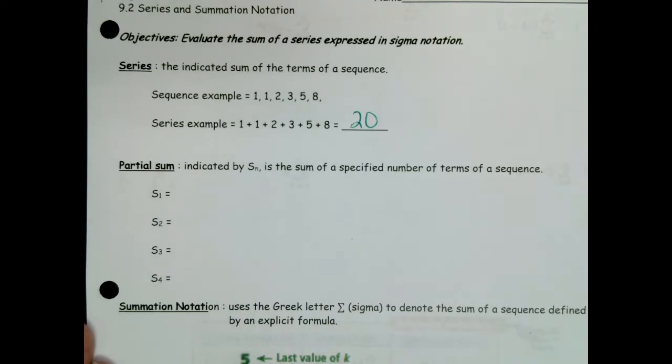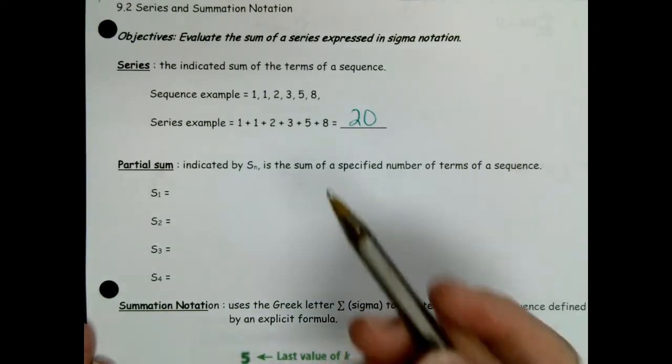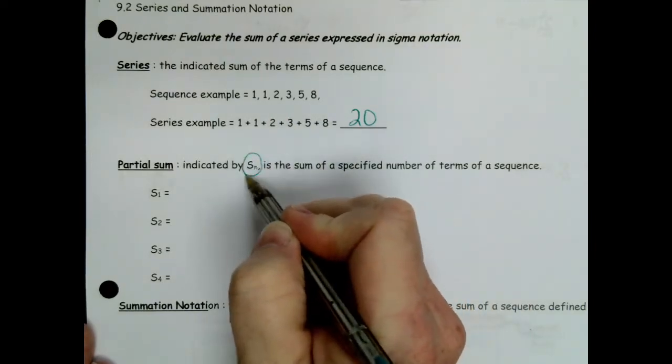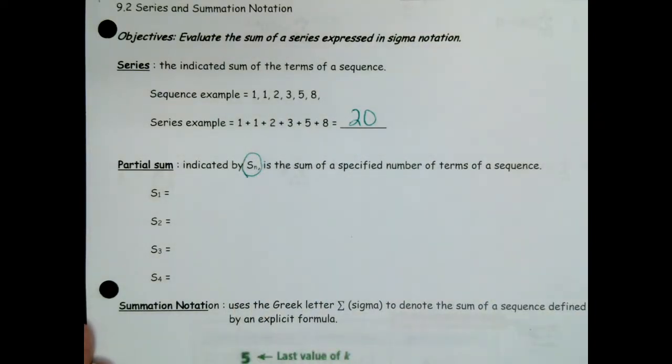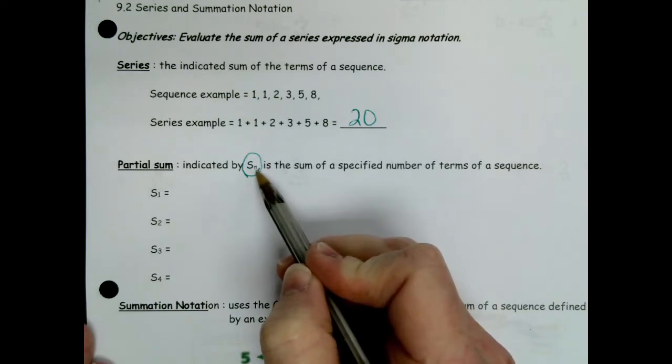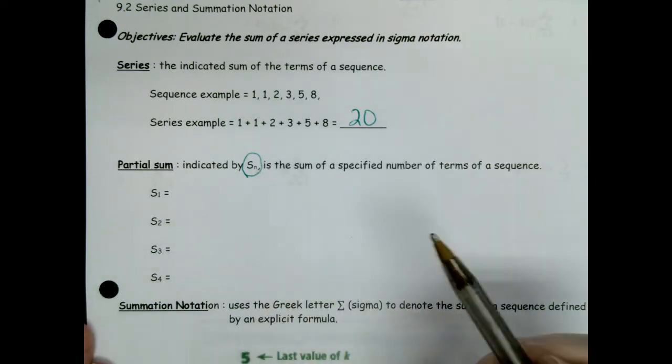Sometimes, and this is going to happen in your homework, you're going to be asked for a partial sum. So sometimes we're going to add up the whole entire series, and sometimes we're going to get a partial sum. So you're going to see this capital S with the little n, the value for the number of terms that we're going to add together.